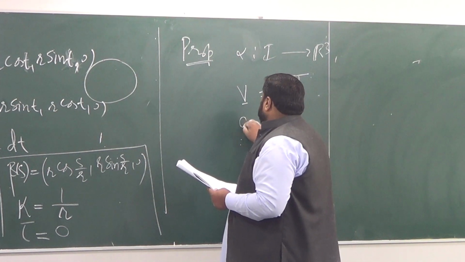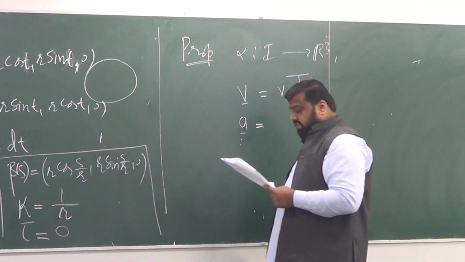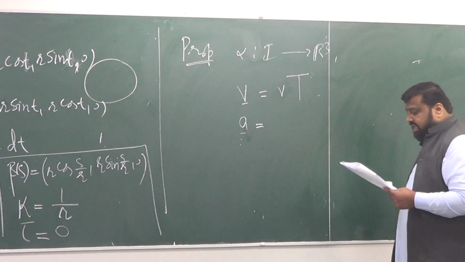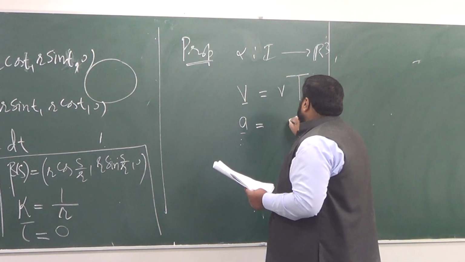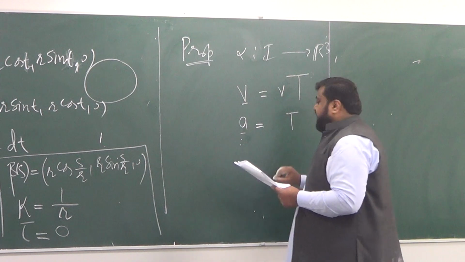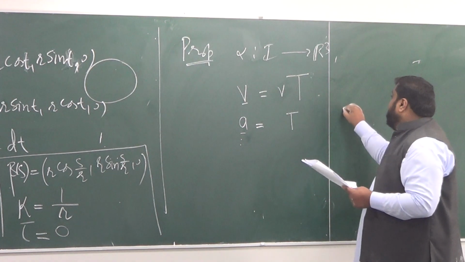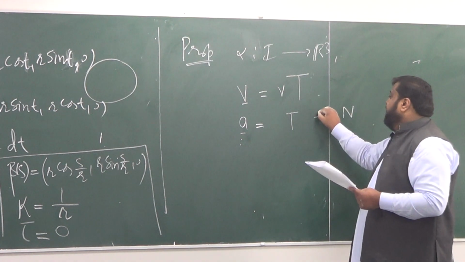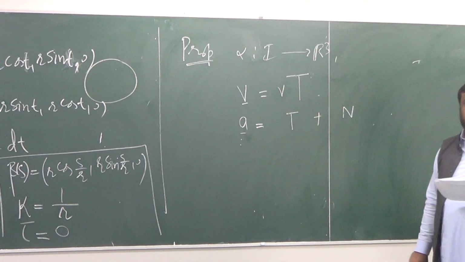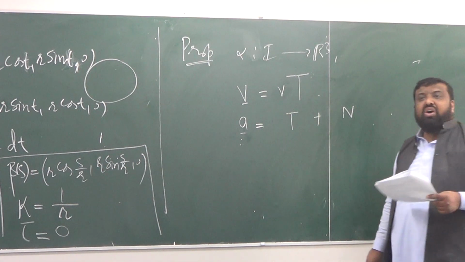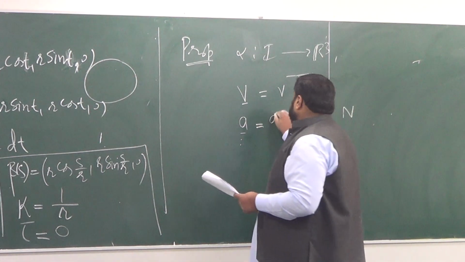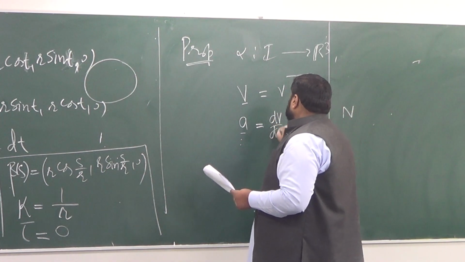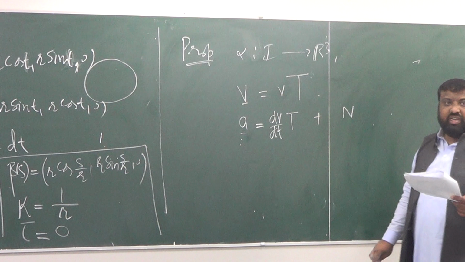And how can you compute the acceleration of the curve, or the acceleration of the particle? It's going to have two components, one tangential component and another normal component. The tangential component is obviously the derivative of the speed.